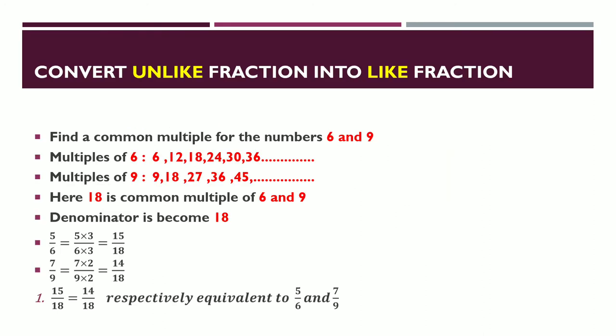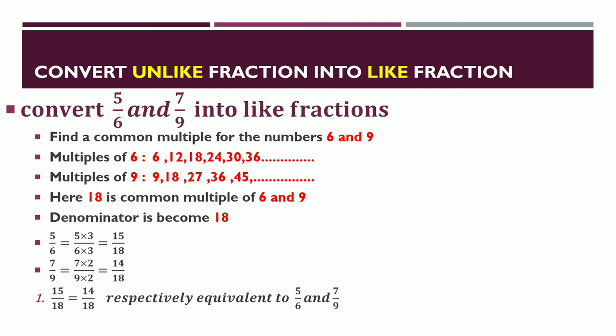Convert unlike fractions into like fractions. We take an example. Convert 5 upon 6 and 7 upon 9 into like fractions. To convert unlike fractions into like fractions, the first step is to find a common multiple for the denominators. Here the denominators are 6 and 9.